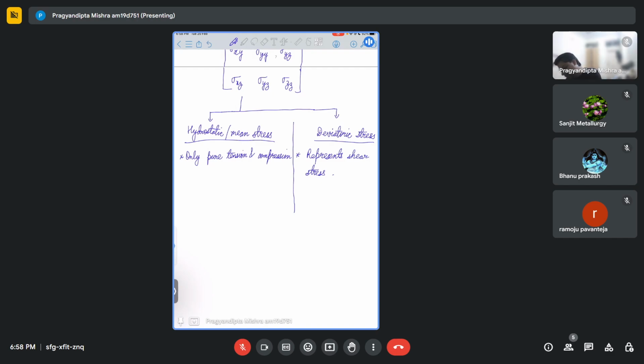You do not have all atoms placed perfectly next to each other, a perfectly ordered lattice. Never in any real scenario will you have a perfectly ordered lattice. You will have some sort of defects in between, and the most important defect that we usually talk about is dislocation.